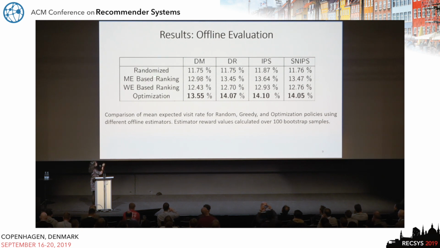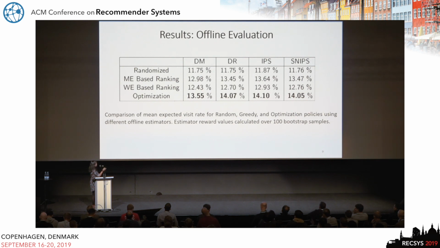We also compare it to the randomized policy, where we randomly give customers 1 of 3 emails such that the capacity constraints are met. We show that using all the 4 estimators, which are the direct method, doubly robust, IPS, and self-normalized IPS, optimization outperforms the greedy approaches, and it obviously outperforms random.